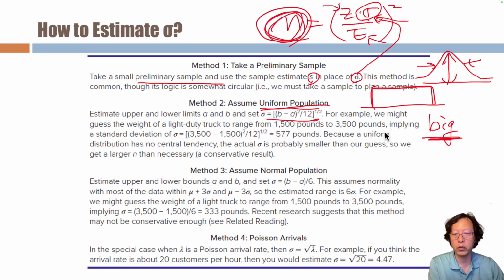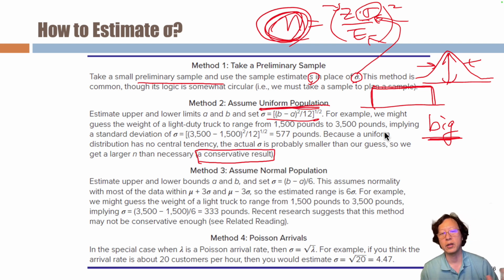So this is a very conservative way, because a uniform distribution has a relatively high standard deviation. High standard deviation requires a larger number of samples, so a larger n. So this is the conservative way. I'm choosing what is pretty much the worst case, and then preparing the sample size. Or we can assume a normal distribution, because the normal distribution is the most popular one.